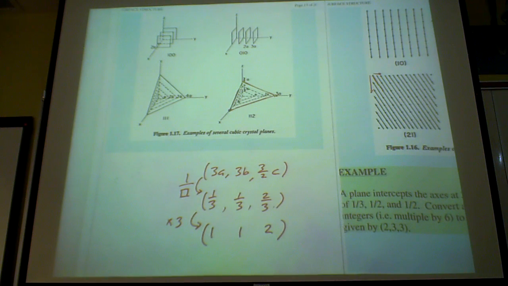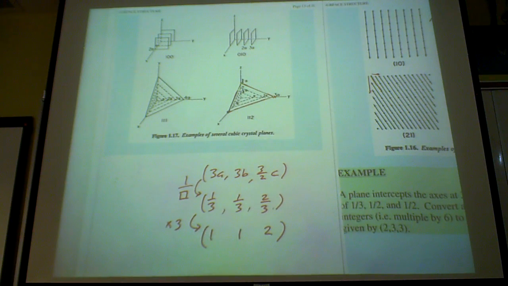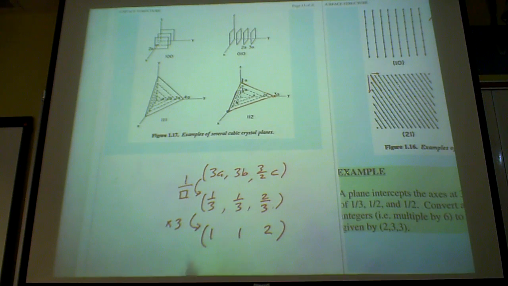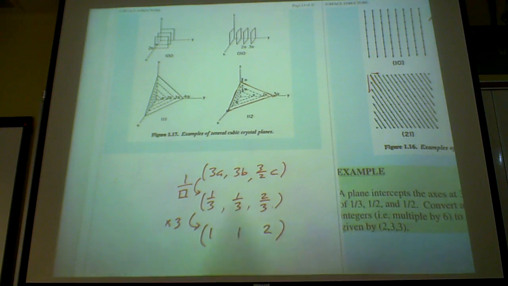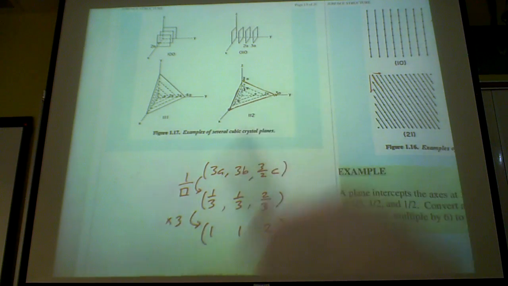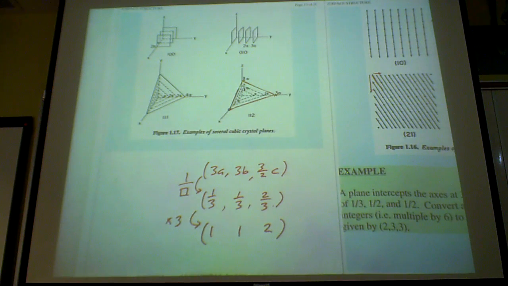Then you find a constant, because it's difficult to write fractional numbers. So you multiply by a common constant to make them nice integers. Multiply by 3, you get 112. So this is a 112 plane. Rather simple. So those are the three steps in generating this.